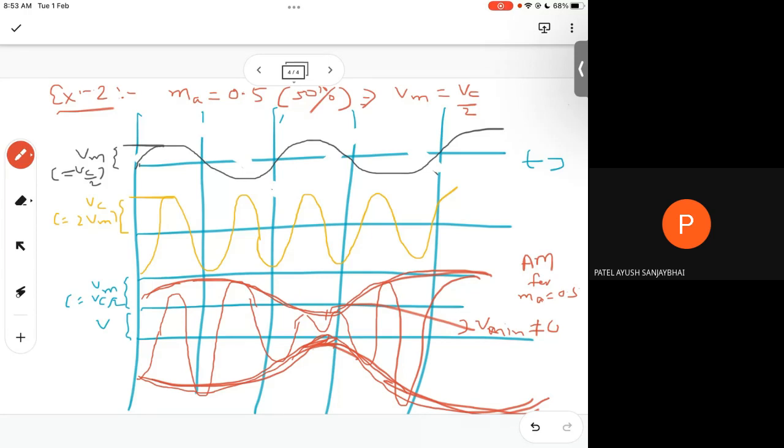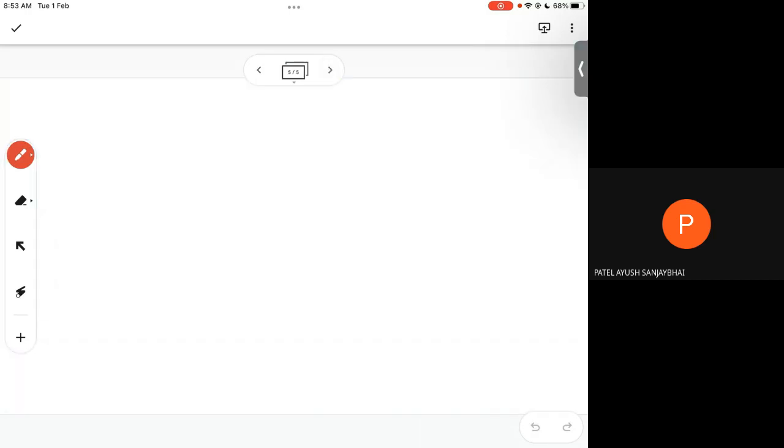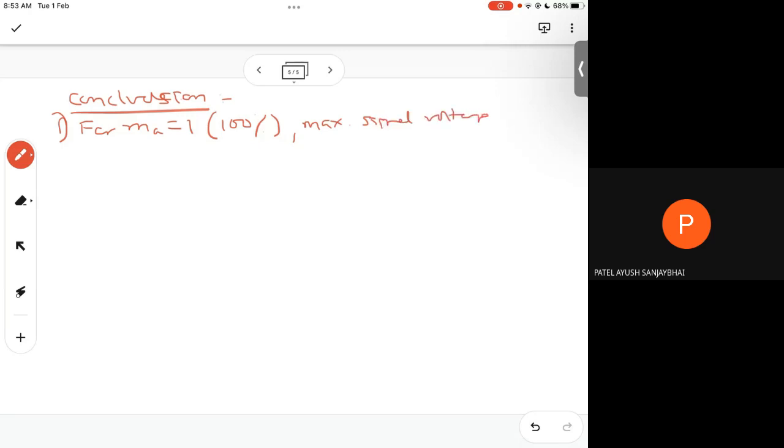So what we have seen from this example, we conclude that, first, if I have MA equal to 1, 100% modulation, the maximum signal voltage of AM, which is the modulated wave, varies between 0 and twice the maximum amplitude of the unmodulated carrier.